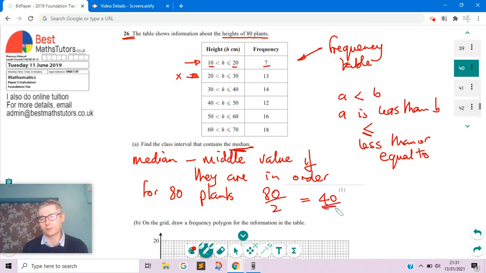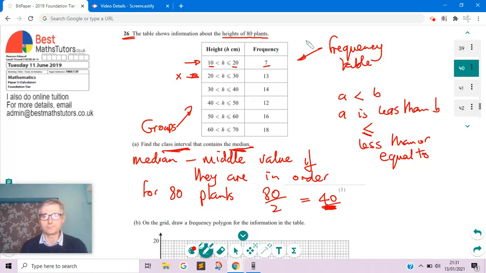So we're looking for the group. These are our groups here, or class intervals as well. We're looking for the group which contains the 40th plant if they were put in order.